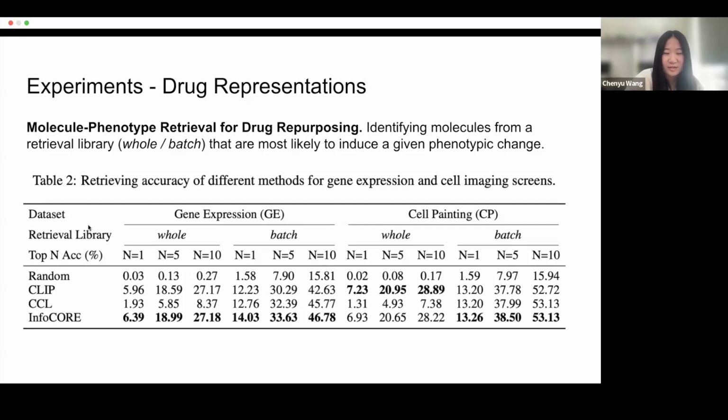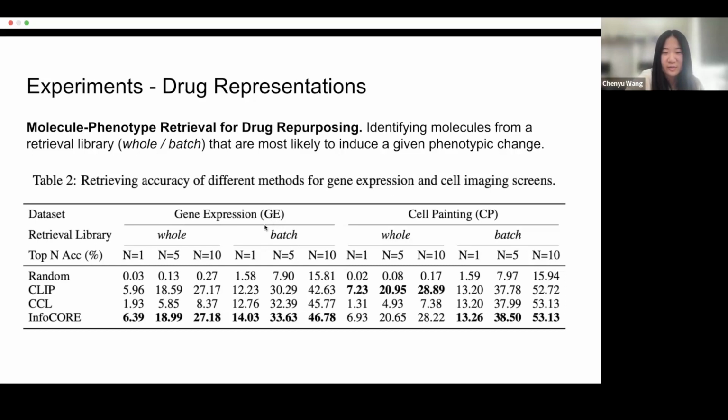So here we have two kinds of retrieval libraries. One I name as whole, and the other I name as batch. The whole library is just all the drugs in the validation set, which contains about 2,000 or 3,000 drugs. And the batch library is all the drugs within the same experimental batch as the retrieving gene expression or imaging.